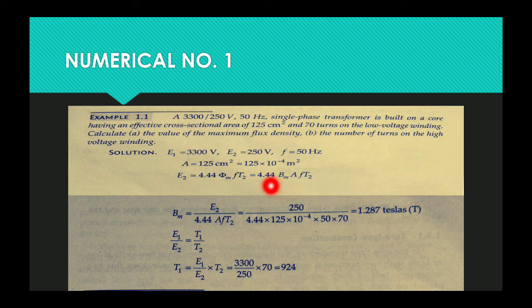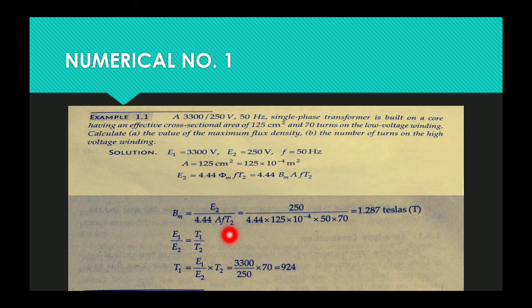So 4.44 Bm into A into F into T2. So at first we have to find out the value of maximum flux density, that is Bm. From this equation we can write that Bm equals to E2 by 4.44 into area into frequency into T2.